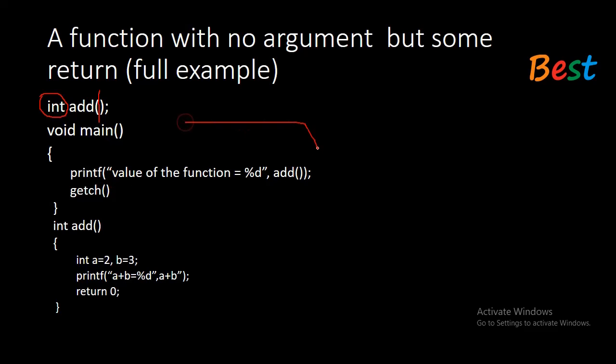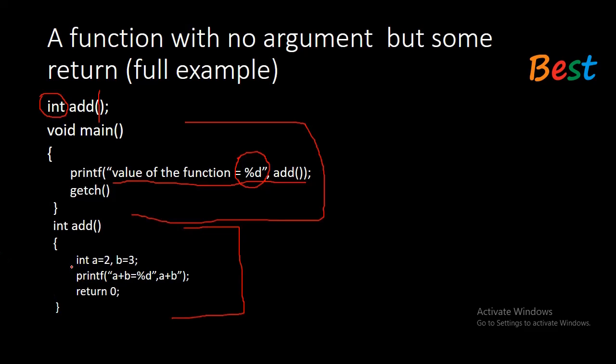Now create the main function. In this section I am declaring the main function with some value of the function. This value will be the return of the function, and now I create the body of the function. In this function I did not declare any printf or scanf for taking values.